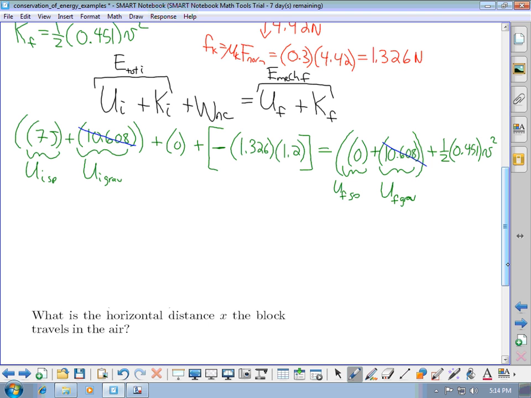So if I do this, I have 7 joules minus my work done by friction, 1.5912 joules, and that equals 1/2 times 0.451 times the speed squared.